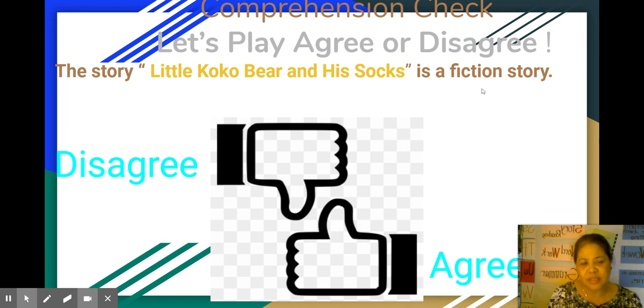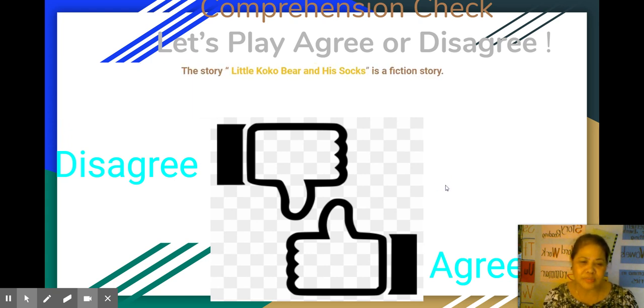Remember what a fiction is? Fiction means it's just a make-believe. Do you agree? Is Little Coco Bear and His Socks a fiction or non-fiction? Keep your answer and then we will find out what that story really is. Either it's a fiction or non-fiction. Okay? Next question.